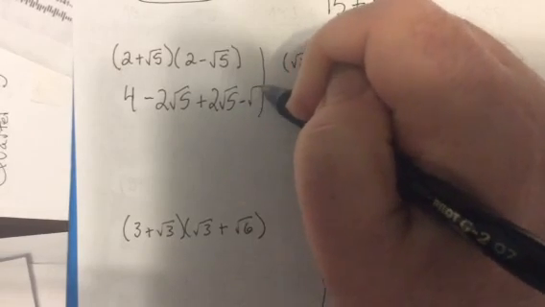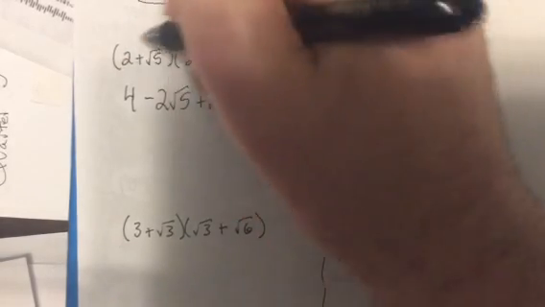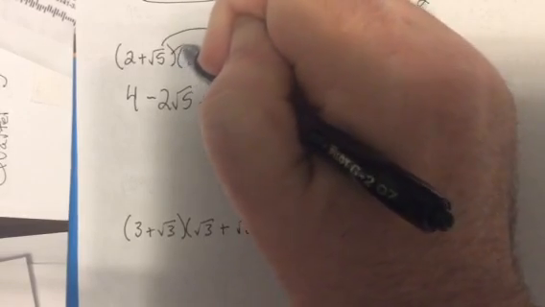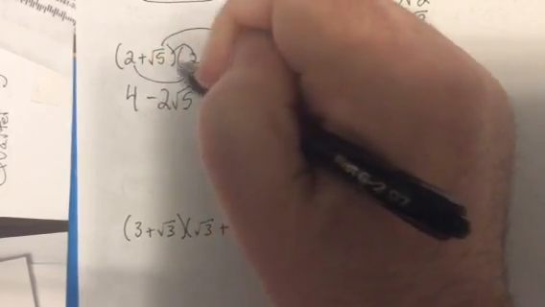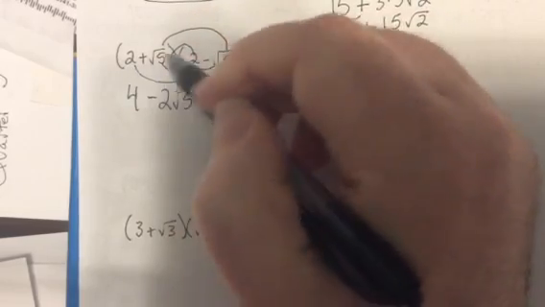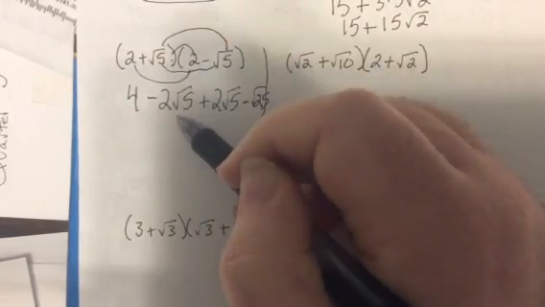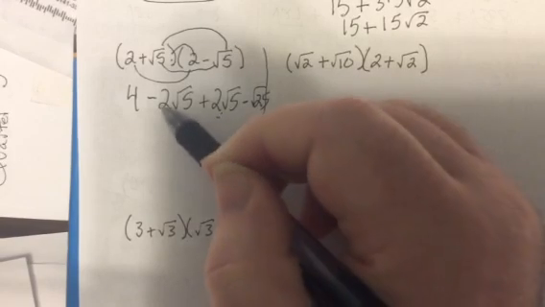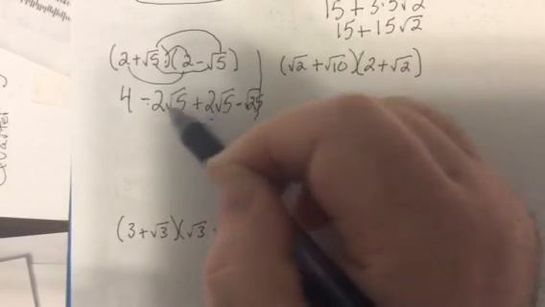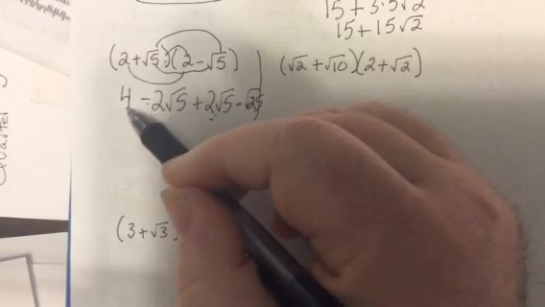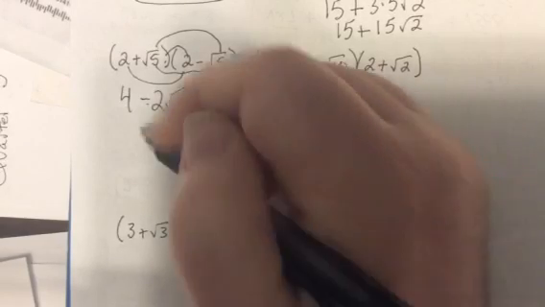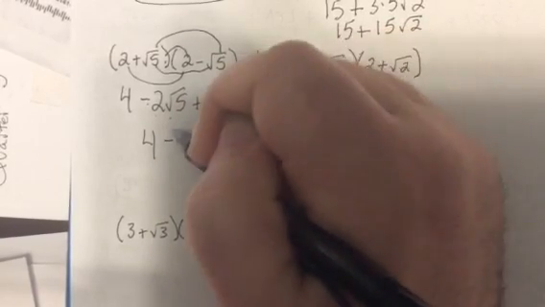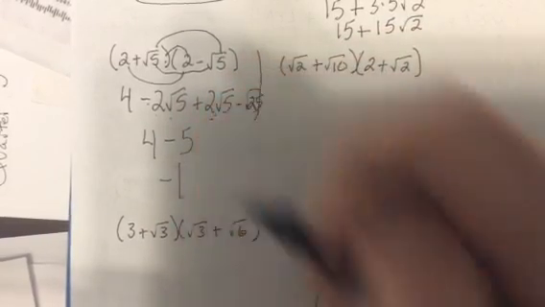And then minus square root of 25. So I took each one of these, multiplied each one of these. Now these are opposite, so they drop out. Minus 2 square root of 5 plus their opposites give you 0. And 4 minus the square root of 25, that'd be 4 minus 5. 4 minus 5 is negative 1.